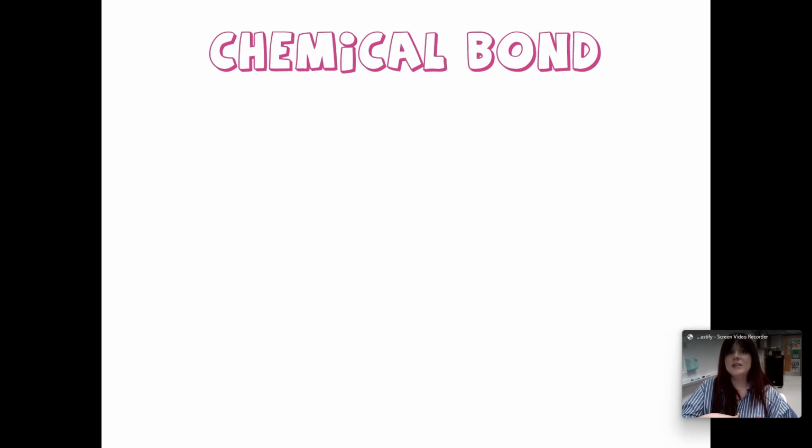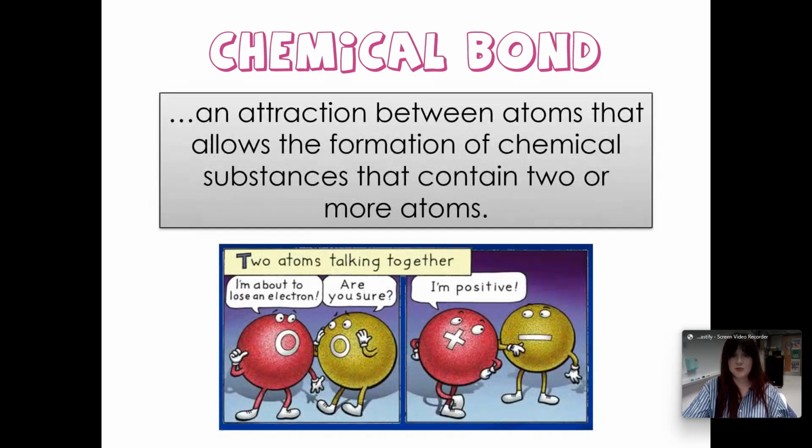Atoms will try to satisfy that octet rule by partaking in some sort of chemical bond. And there are 3 types of chemical bonds that we can talk about. But first, let's get this down here. A chemical bond is an attraction between atoms that allows the formation of chemical substances that contain 2 or more atoms, right?